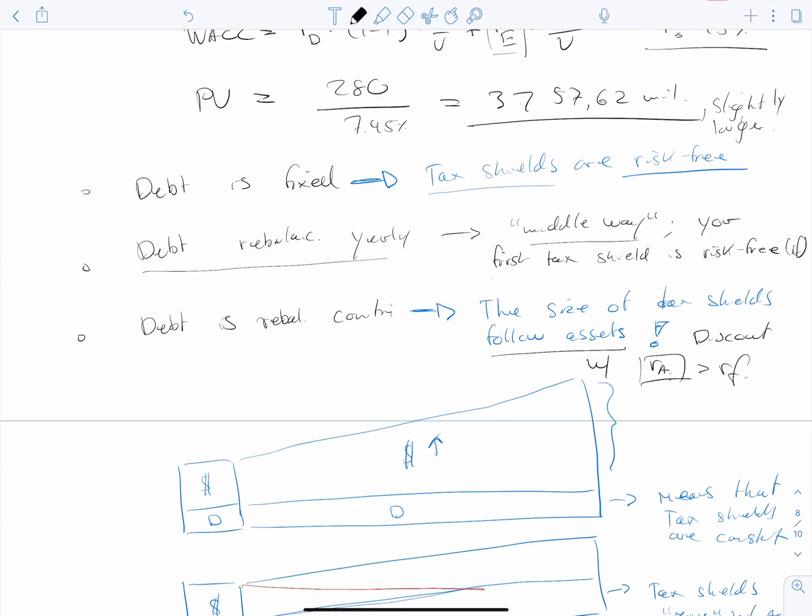But after that, you use RA, as it follows assets.